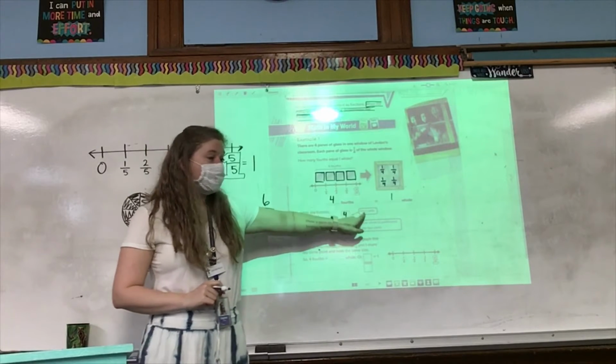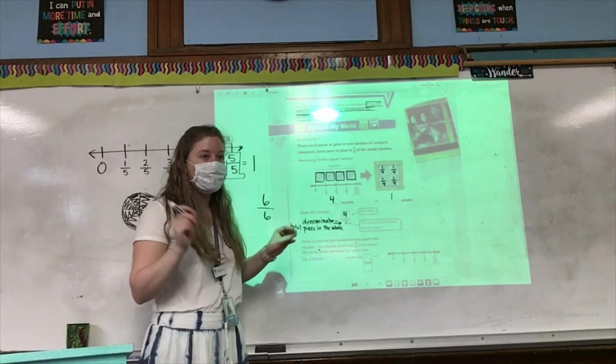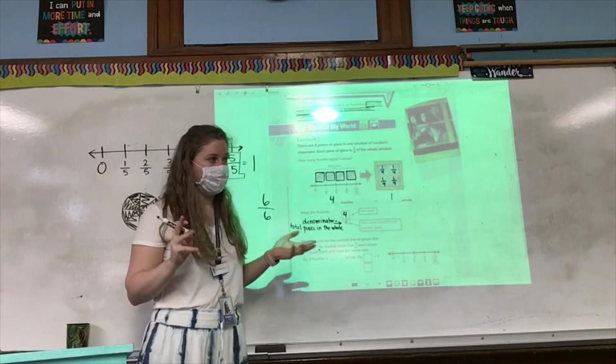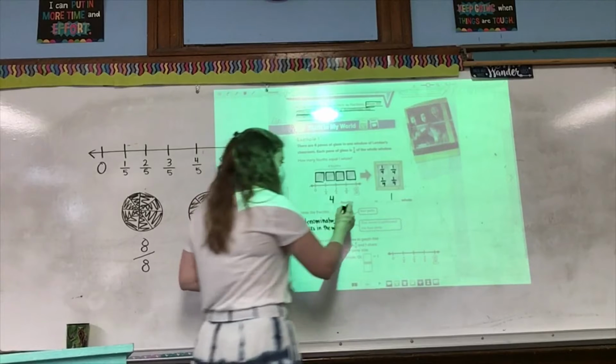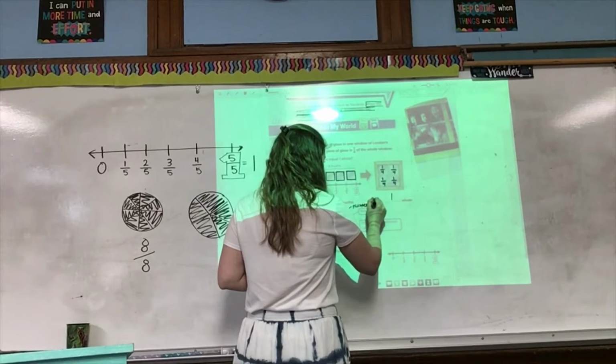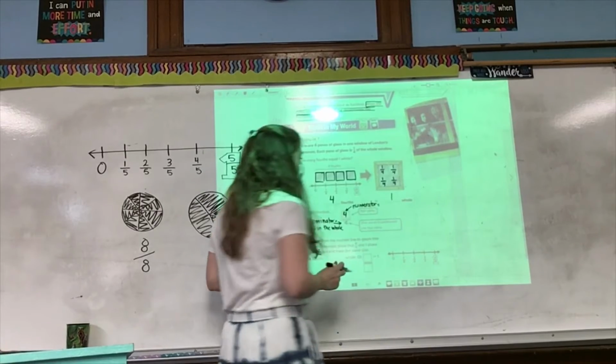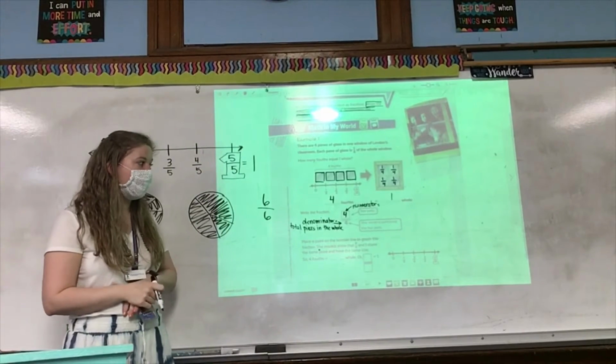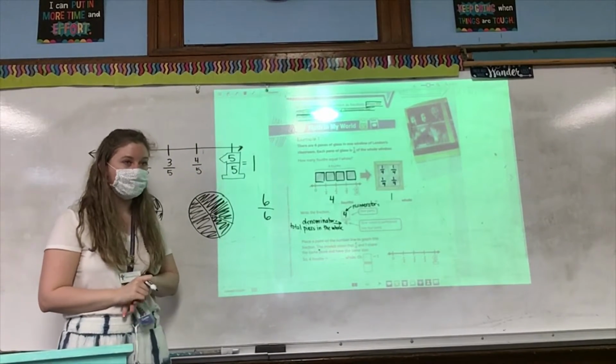The numerator just shows the parts of the whole. So what's shaded, or how many are you counting out of the whole? So this is the numerator. Numerator is spelled N-U-M-E-R-A-T-O-R.